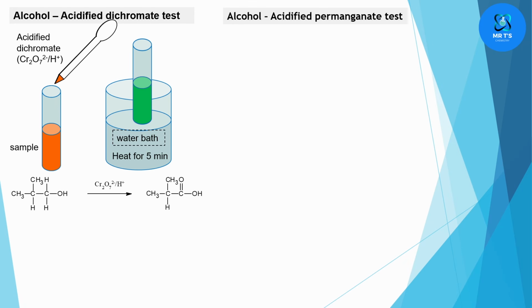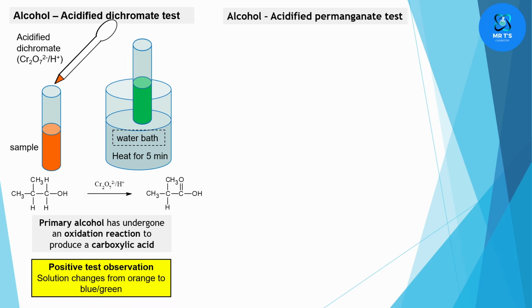This is because the alcohol group is turning into a carboxylic acid functional group, and at the same time the dichromate is turning into the chromium ion that is a blue-green color. This is an oxidation reaction, and this is a definitive test for alcohol groups. It can also be used for aldehyde functional groups, but at level 2 NCEA chemistry we don't need to know about those. So the solution changes from orange to blue-green.